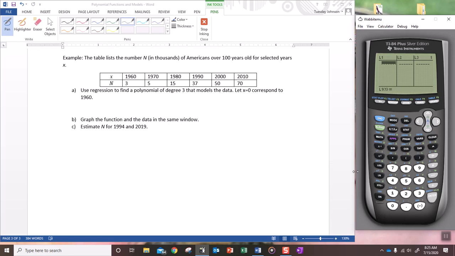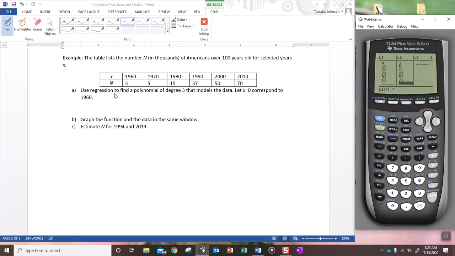So this first one is 0, and then 10 years later, 20 years later, all the way up to 50 years later, which is 2010. List 2 will be my n values, 3, 5, 15, 37, 50, and 70. Make sure your lists are of the same length, or else things are going to get really kind of weird.